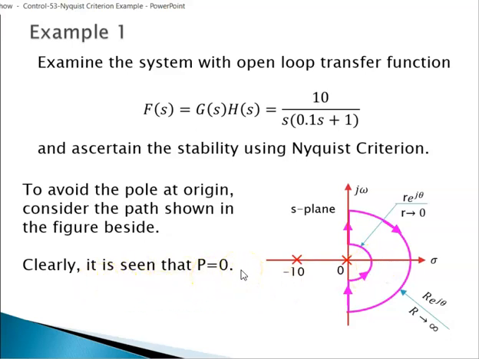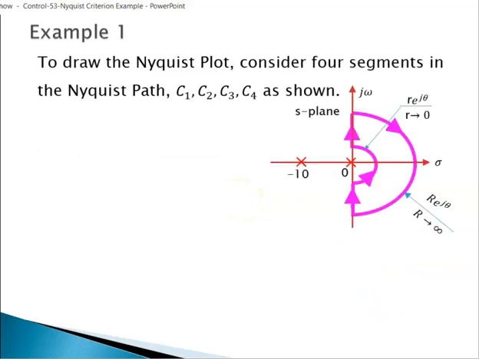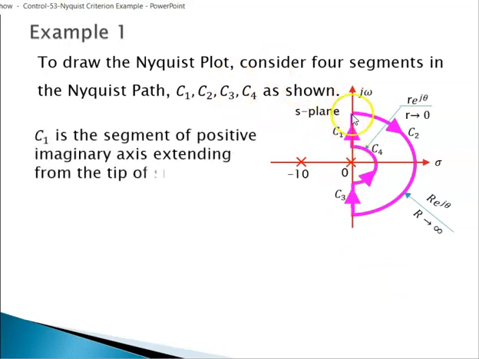Now, corresponding to each point on this path, we will try to compute what F(s) is, that is F(s1), F(s2) and so on. For convenience, we say that this path consists of 4 segments. Segment 1, C1, goes from here all the way up to infinity.